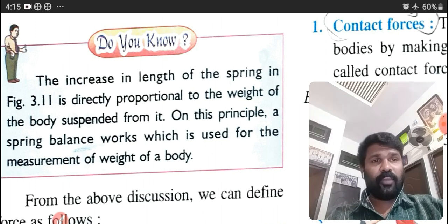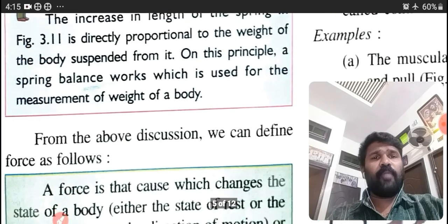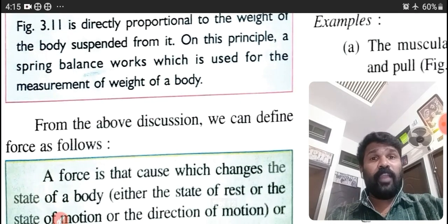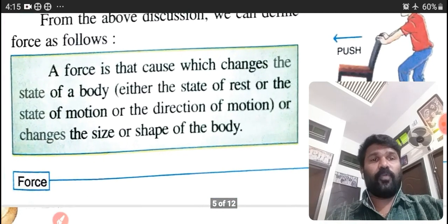To measure the weight of a body, we use the spring balance. So, from the above discussion, we can define force as follows.